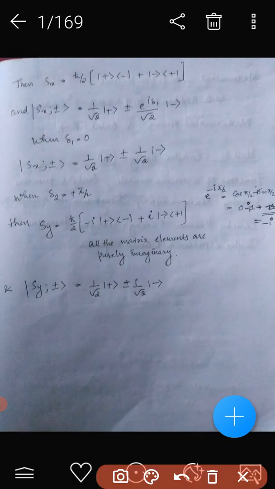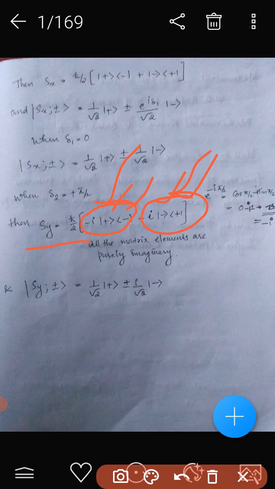Therefore, we will get Sy is equal to h cross by 2 (minus i ket plus bra minus plus i ket minus bra plus). So we can conclude that the matrix elements in the Sy operator are purely imaginary. This is the first term, it contains i, and this is the second term, it also contains i.